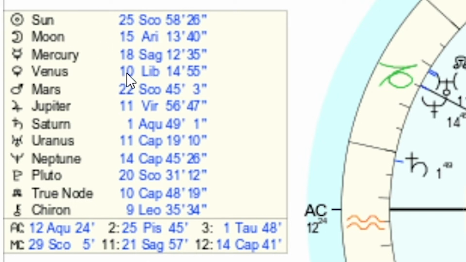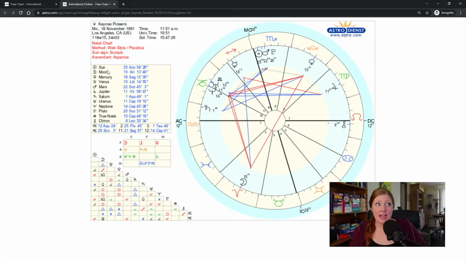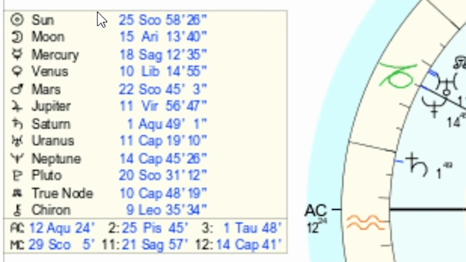The numbers in front are the degrees, which you can look into more as you study, but definitely just start with the planets in the signs. So that is kind of easy to understand. And if you wanted to just get the very basics to start Googling and understanding your chart better, I would start with just right here. Sun in Scorpio, moon in Aries, Mercury in Sagittarius, Venus in Libra. And you can get a ton of information there.